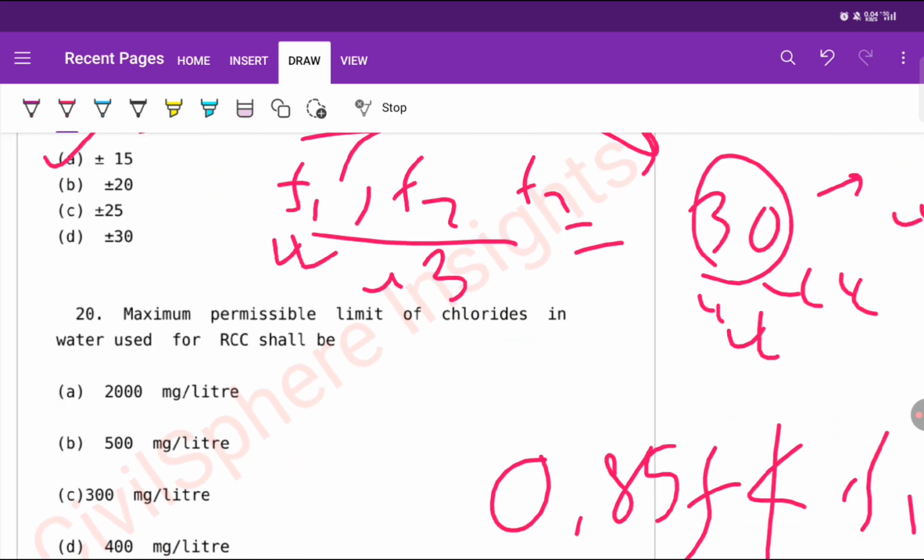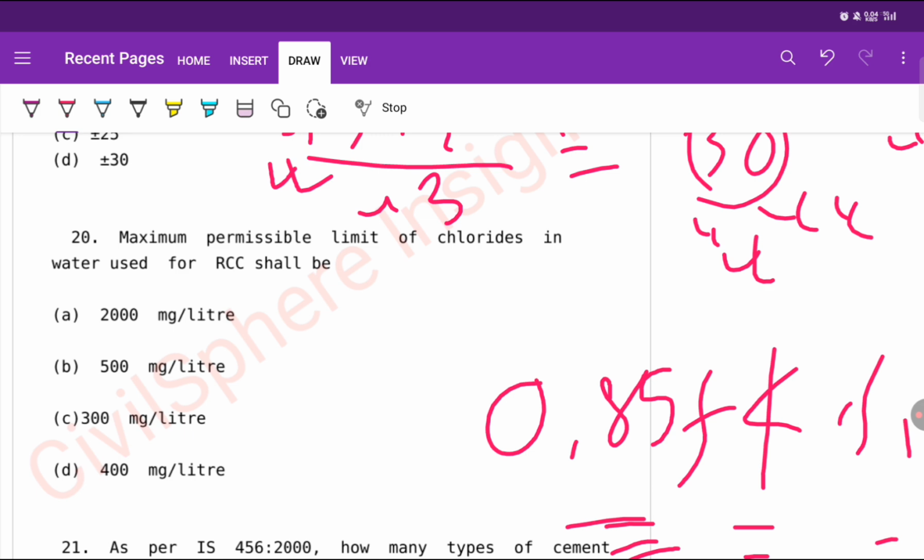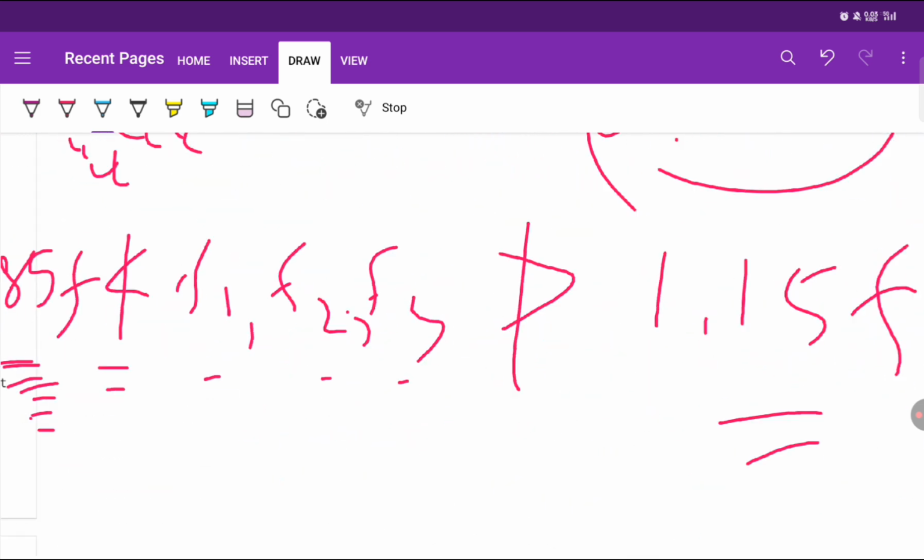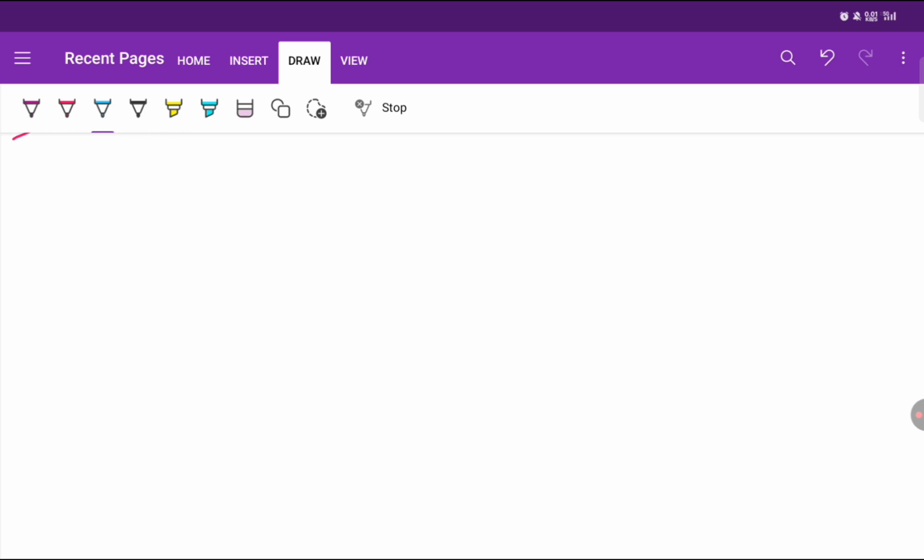Now coming to the next question. The maximum permissible limit of chlorides in water used for RCC shall be. So what is the maximum permissible limit of chlorides in the water we use for RCC concreting. Important things to be remembered here: first of all, the water we use must be potable water.